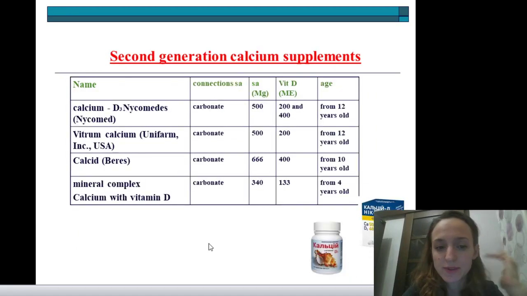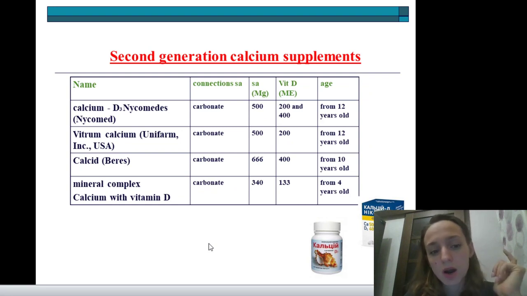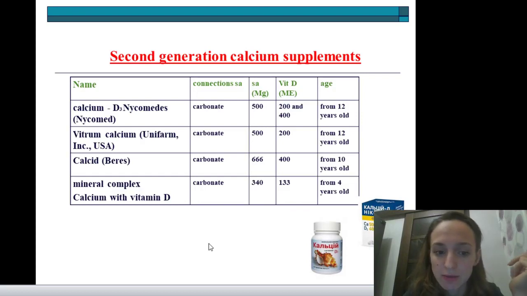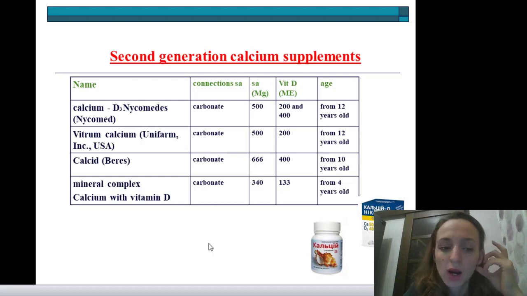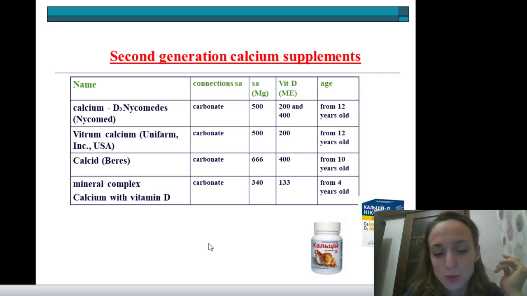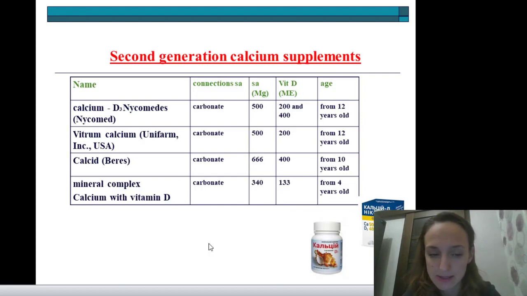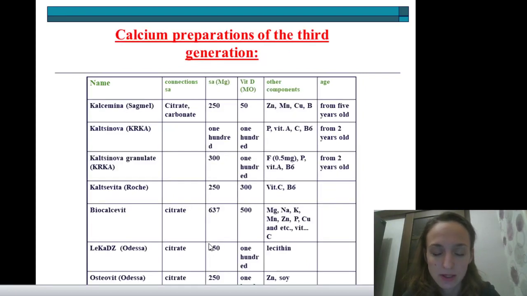And the second generation of calcium supplements, look please: it is Calcium D3 Nycomed, Vitrum Calcium, Complivit, Calcetrin, and mineral complex calcium with vitamin D. Guys, please remember, because you will have tests with these supplements.